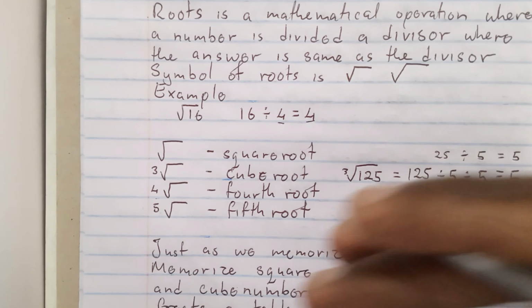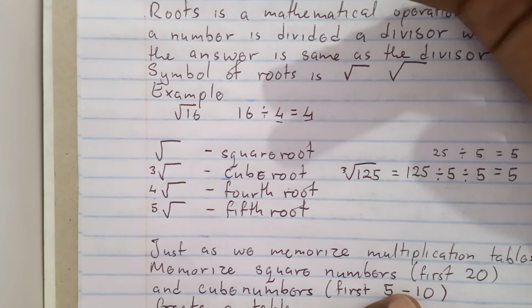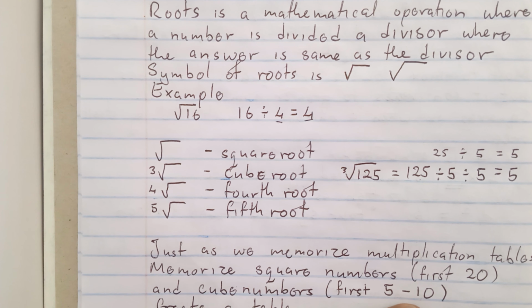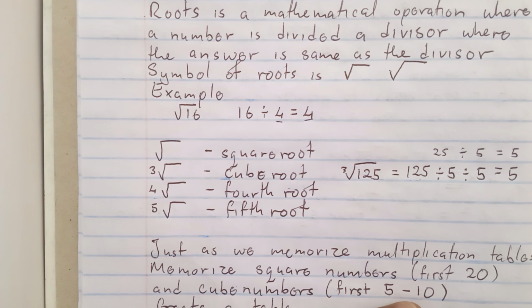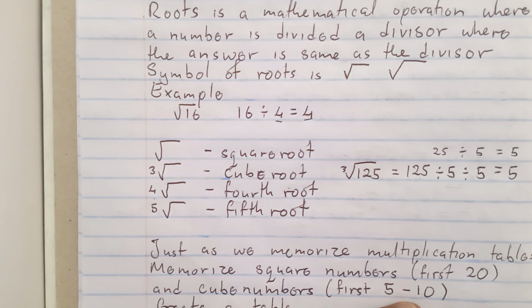It's important that we're able to master the first 20 square numbers. Why? Because those are square numbers that you are able to do mentally. Just as mastering multiplication helps you do multiplication faster, at the same time it helps you do division faster.